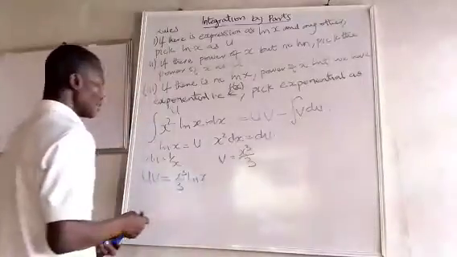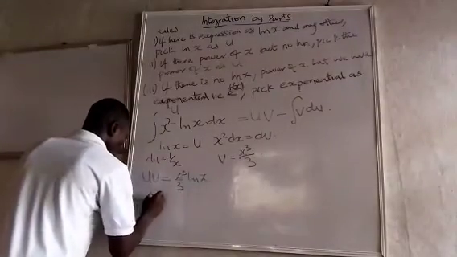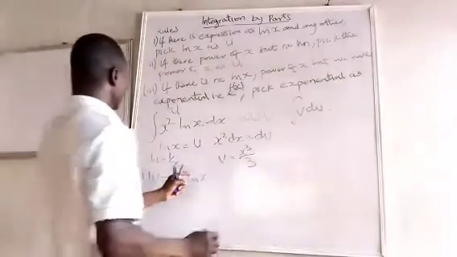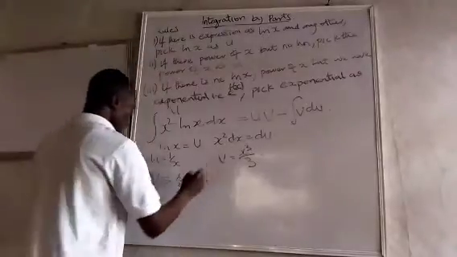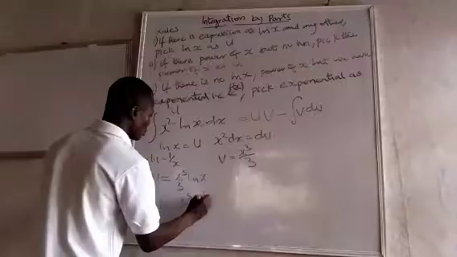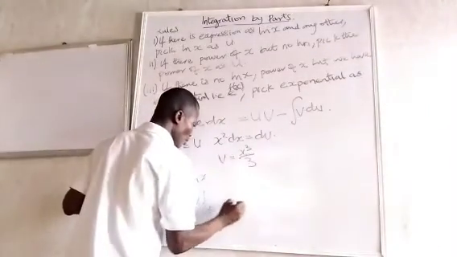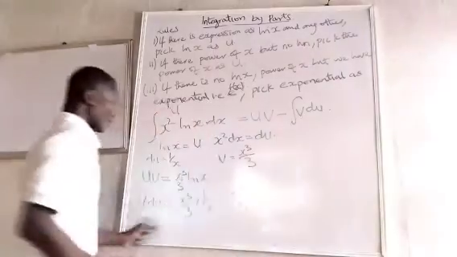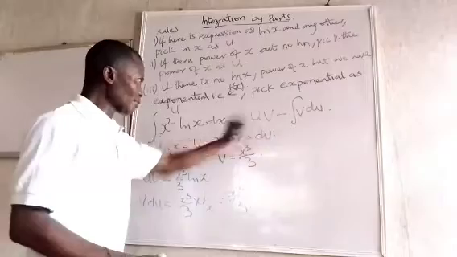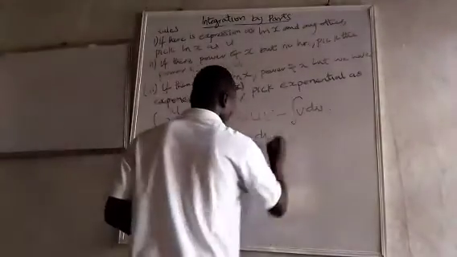And what will be our v du? v du will be equal to x cubed over 3 times 1 over x, which is equal to x squared over 3. Now, let us slot this into the expression.